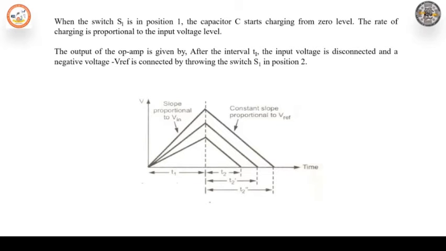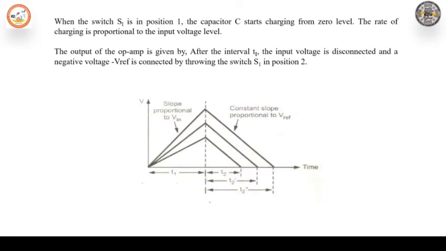The counter counts the pulses, and when it reaches 9999, it generates a carry pulse and all digits go to 0. The flip-flop output gets activated to logic level 1. This activates the control logic, which sends a signal that changes the switch S1 position from 1 to 2. Thus, -Vref gets connected to the op-amp.